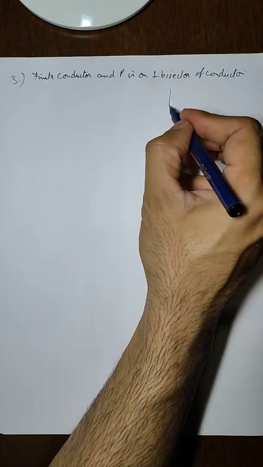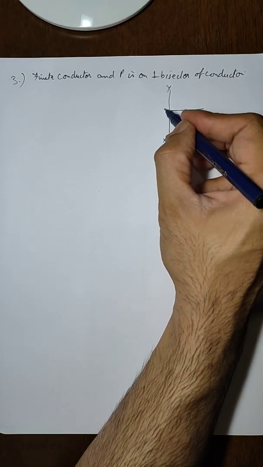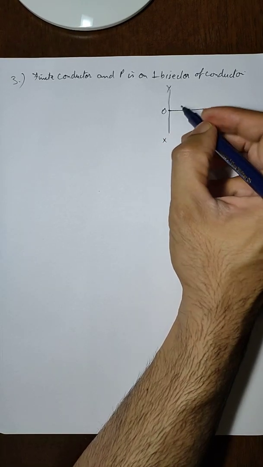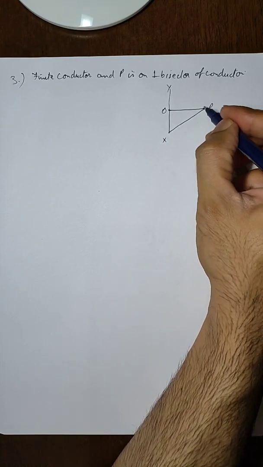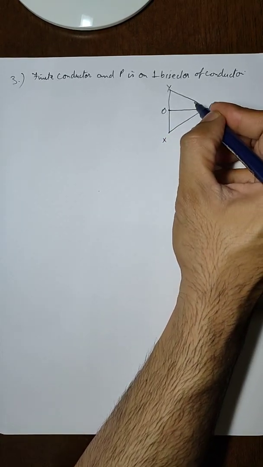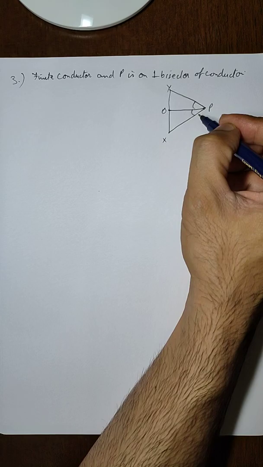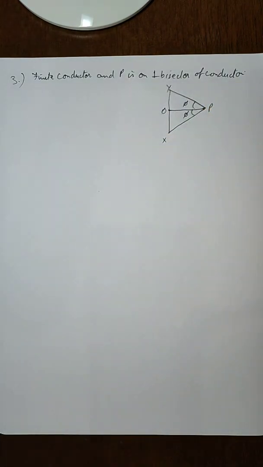So if we have XY as the conductor and this is the perpendicular bisector, this point O is the center of XY and P is here, then if we connect these two, since this is a perpendicular bisector, the two angles phi 1 and phi 2 become equal to each other, and let us say they are phi.